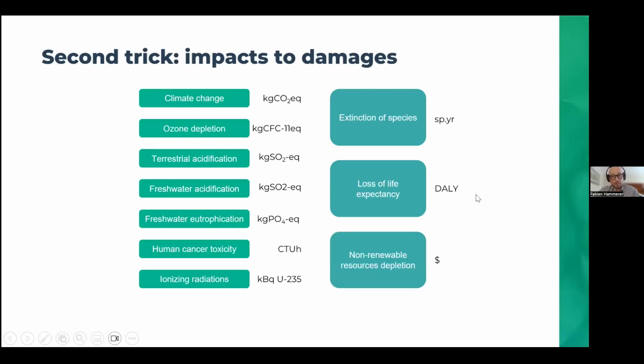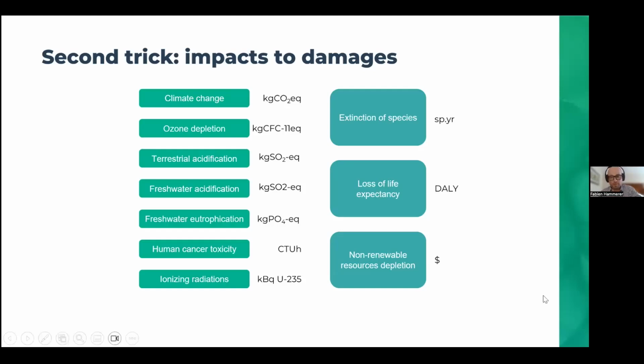And finally, using resources that are non-renewable now makes them unavailable in the future. So we're basically damaging the capacity of future generations to use the resources that have been used in the past.